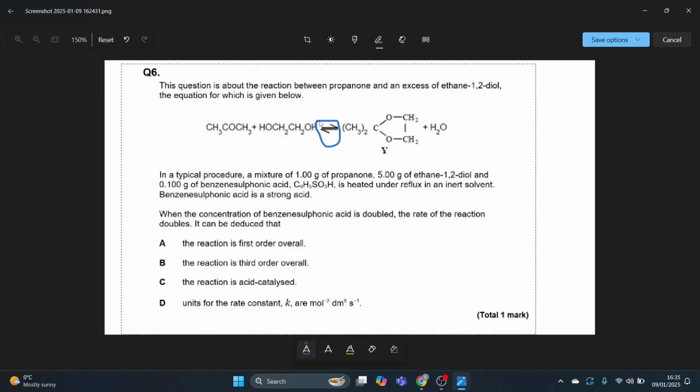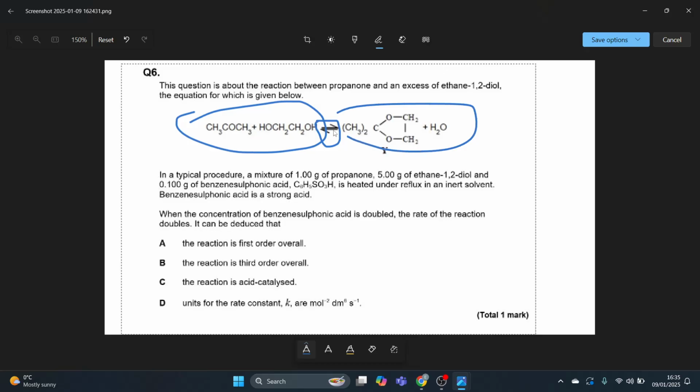Now let's look at D. Let's try to eliminate that. If it is the correct answer, then obviously I know that's that and I don't really care about the rest. But if it's not, then I can eliminate one. The units for the rate constant K. Well, we know that the rate constant is going to involve these two, ethane-1,2-diol and propanone.